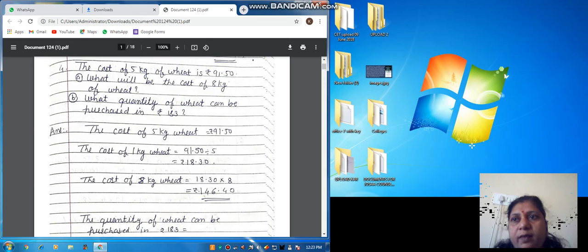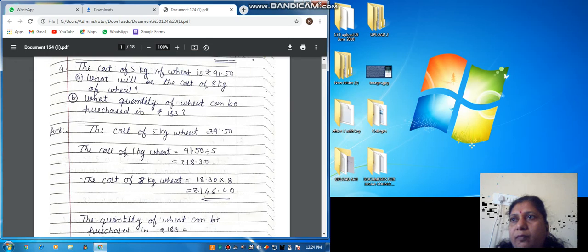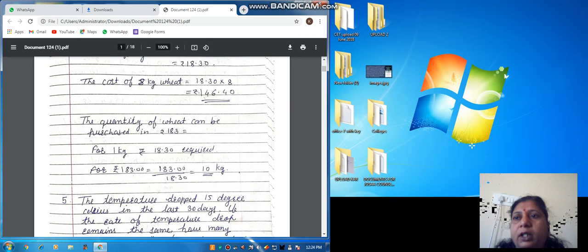Now we will calculate the cost of 8 kg wheat. That is, the cost of 8 kg wheat is equal to 18.30 multiplied by 8. So we get 146.40 rupees.